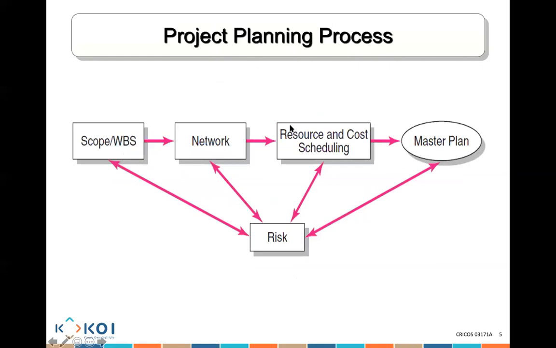Now, ladies and gentlemen, the project planning process is very simple. It starts from what I covered a few weeks back. We know the scope: what are we trying to deliver? From the scope, we create a work breakdown structure, which divides the work into activities and sub-activities that we need to complete.